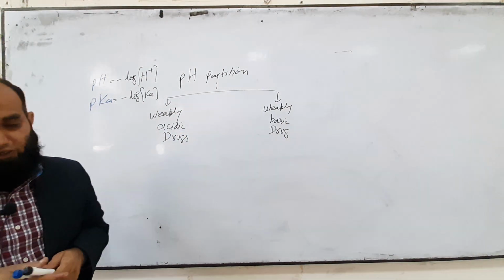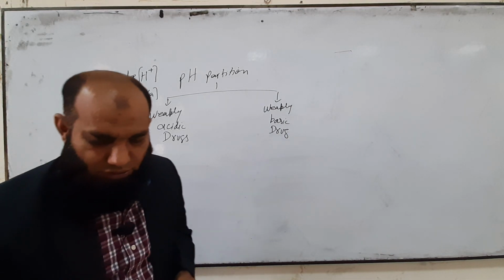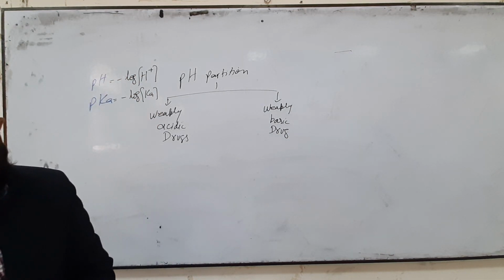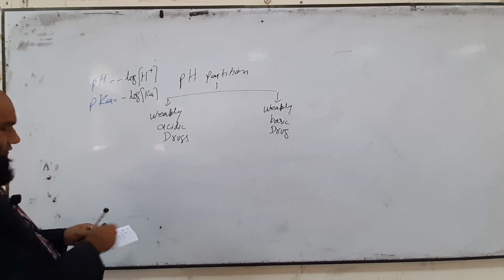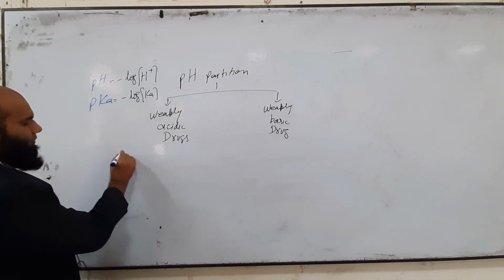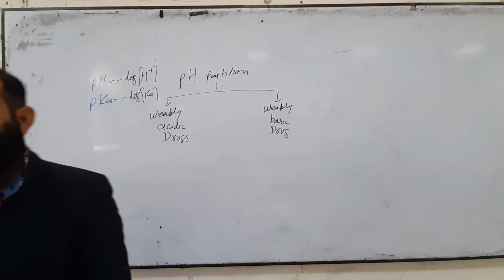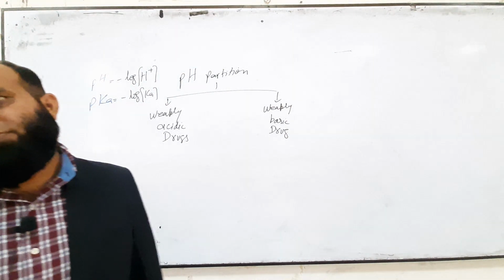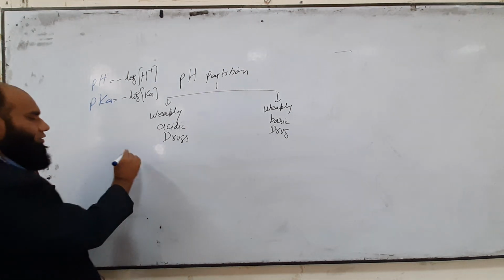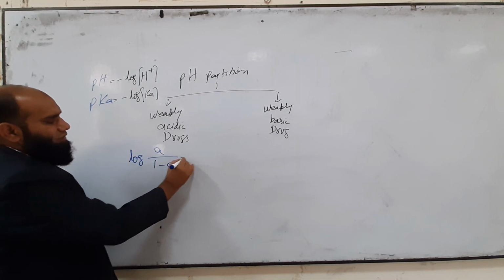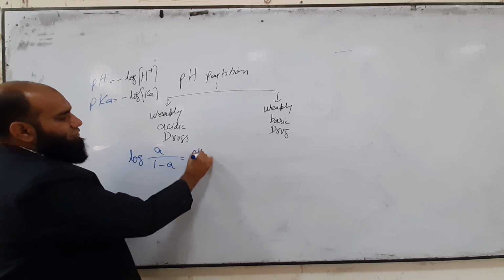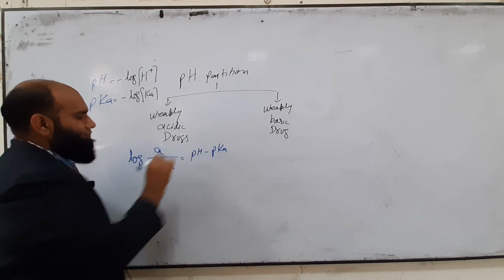In case of a weakly acidic drug, we will make some equations for the calculation of their values. First equation for the log. I will write this equation in 3 or 4 different ways. First way is log A over 1 minus A is equal to pH minus pKa.